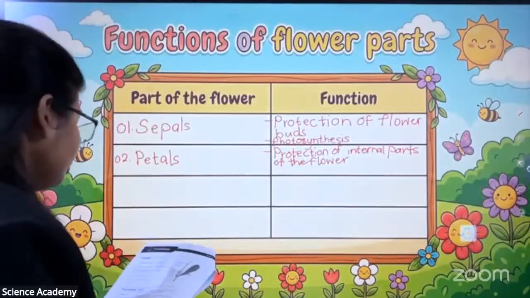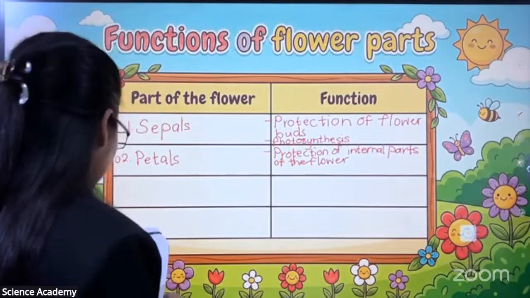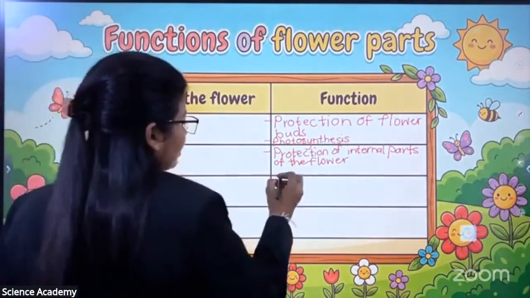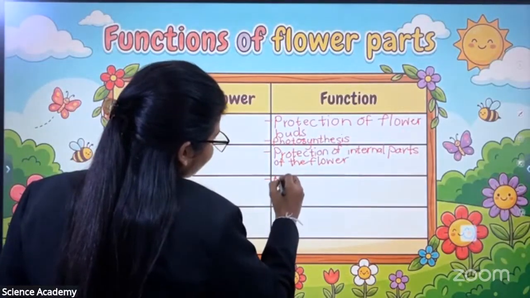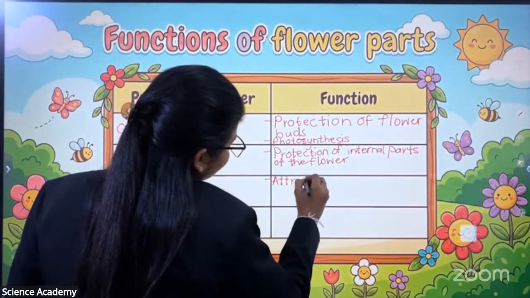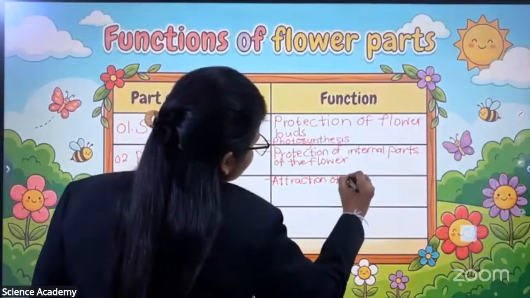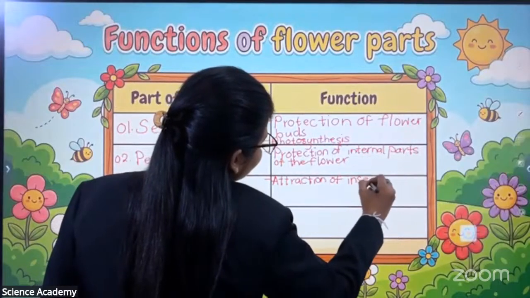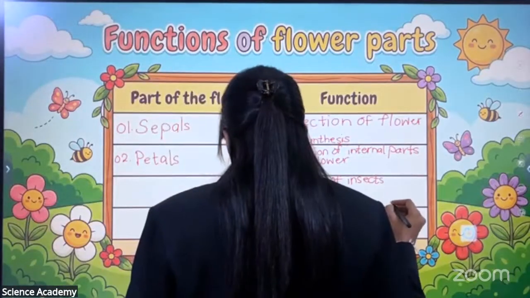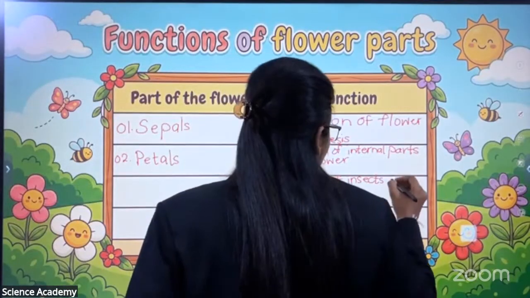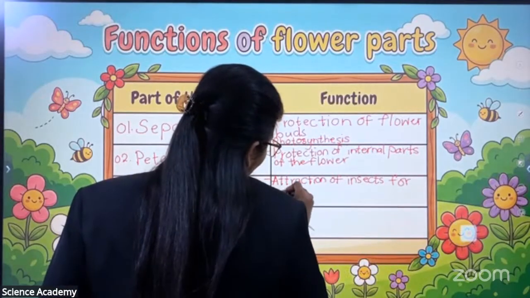And then we can write down attraction of insects. Here I am writing that function in this. Attraction of insects for pollination.